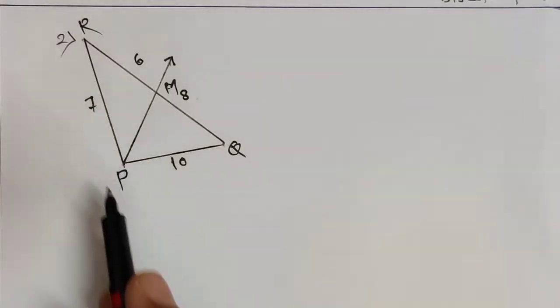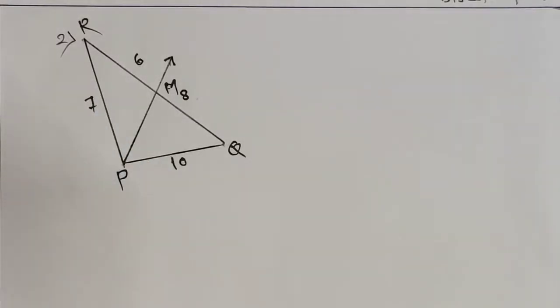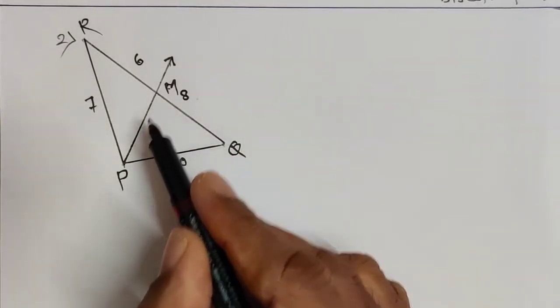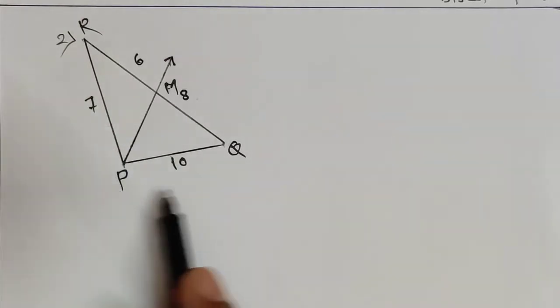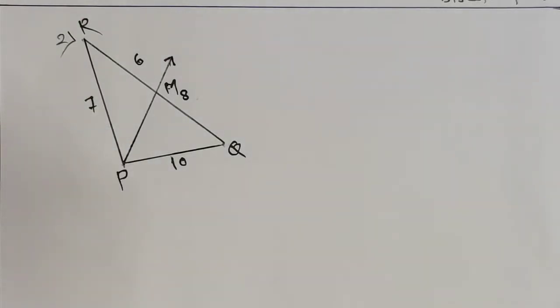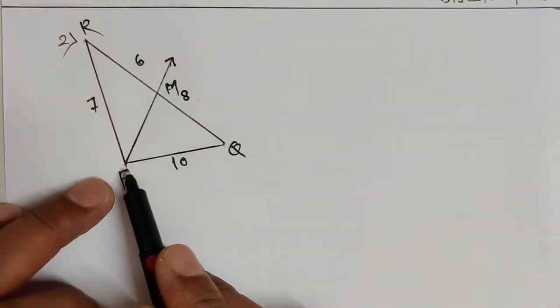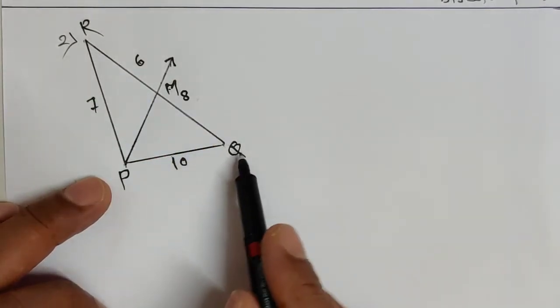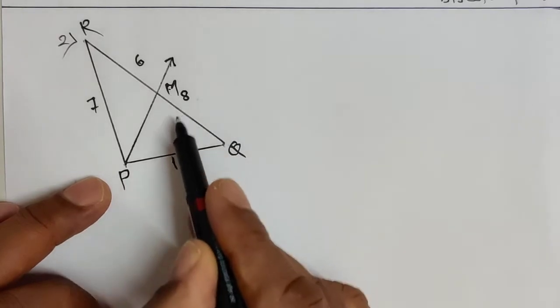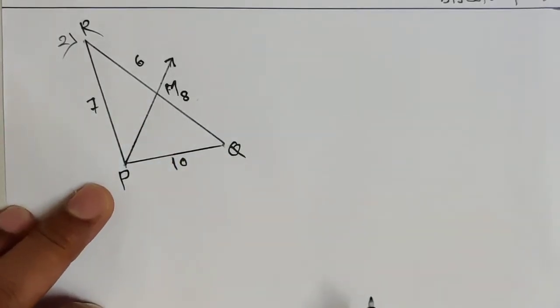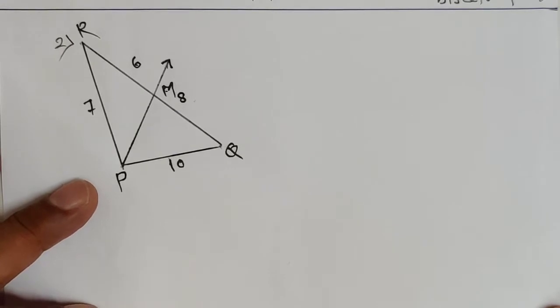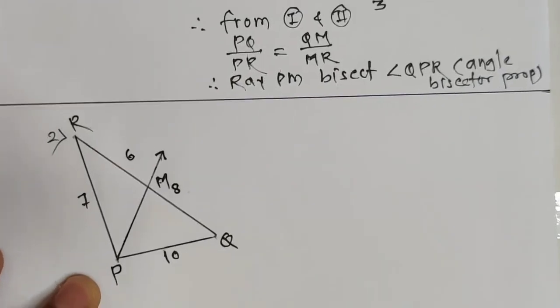Now let us see the second sum. In second sum, we have to decide whether PM bisects angle QPR or not. So again, here we have to find the two ratios, PQ by PR and QM by MR. If both the ratios are equal, then we can write PM bisects angle QPR. Otherwise, it is not bisector of that angle.